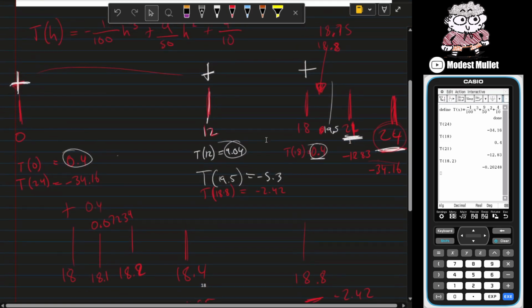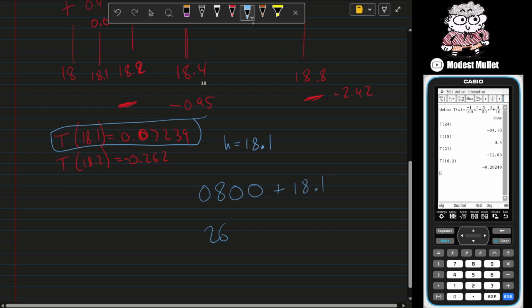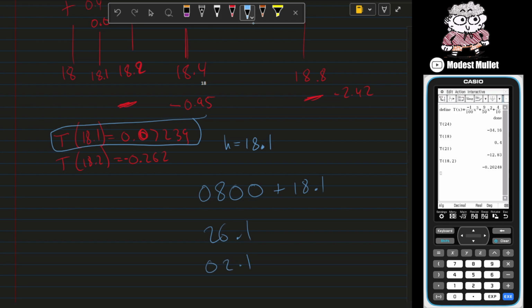We've gone another 18.1 hours. So it's probably best to work in 24-hour times. 0800 plus 18.1. 8 plus 18 takes us to 26.1, which is technically 02 into the next day, 0.1.